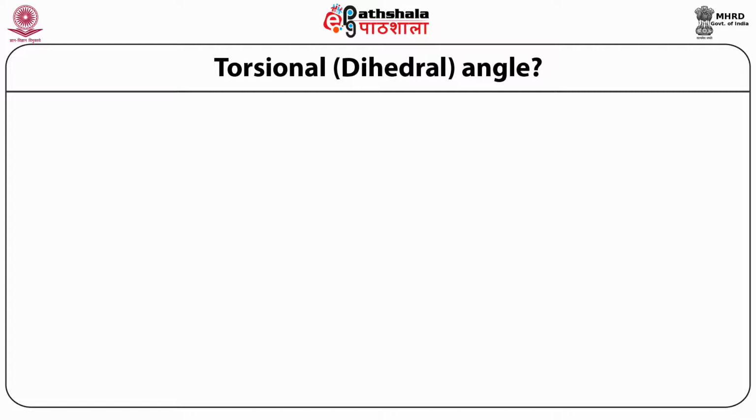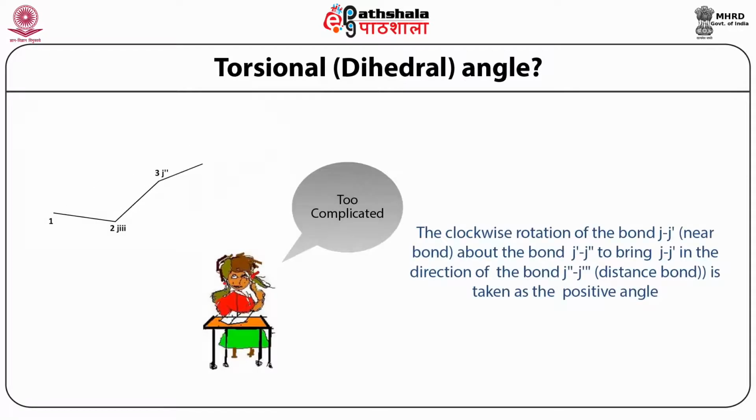Torsional or dihedral angle, as discussed earlier: we consider a 4 atom sequence J, J', J2, J3, and clockwise rotation of the bond J-J', or a near bond, about the bond J'-J2', that is the central bond, to bring it in the direction of J2'-J3', that is a distant bond.